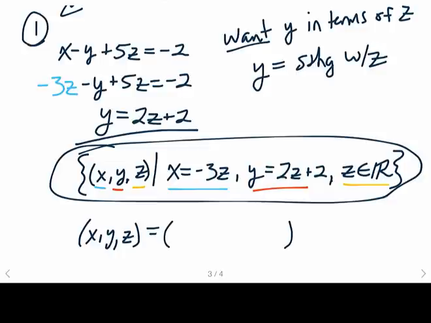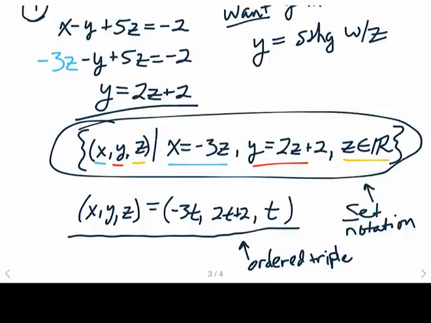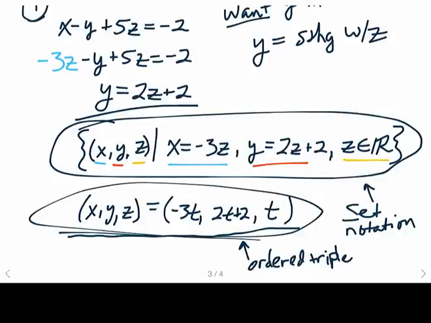A lot of times you'll see a t, and that's called a parameter. If z is t, then x would be negative 3t. You see, it still depends on that third coordinate. If z is t, then y is 2t plus 2. And this is a way to give my answer as an ordered triple. So we have set notation, and we have an ordered triple. And I would, in fact, accept either of these as an answer. In my experience, people generally go for the set notation.